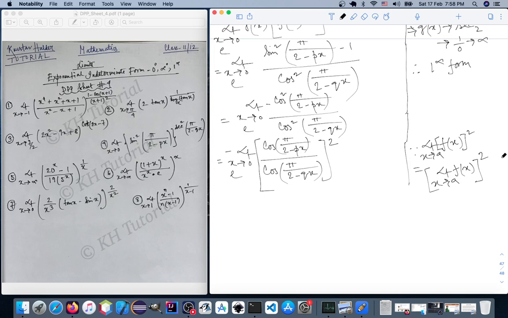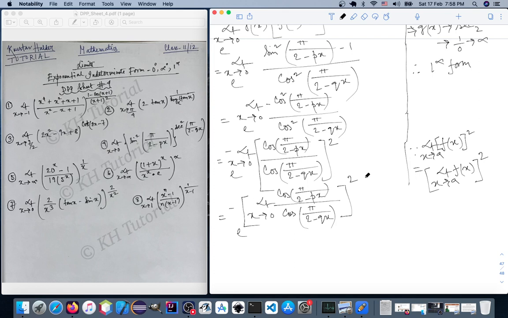So using this, the limit goes inside and the square comes outside, so we have this thing.